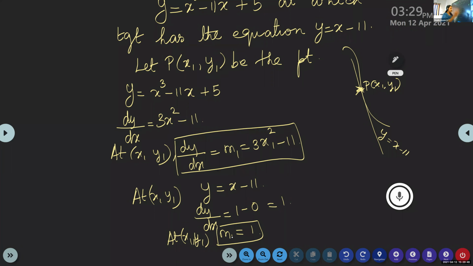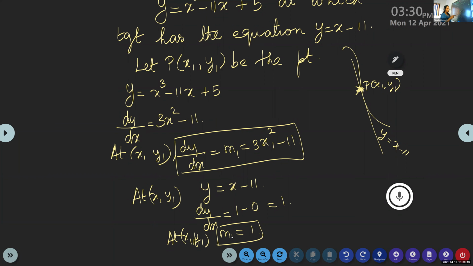Now, this is the slope of the tangent. This one is also the slope of the tangent. It is given from the curve. We are finding the slope of the tangent, and the equation of the tangent is given, so these two will be the same.